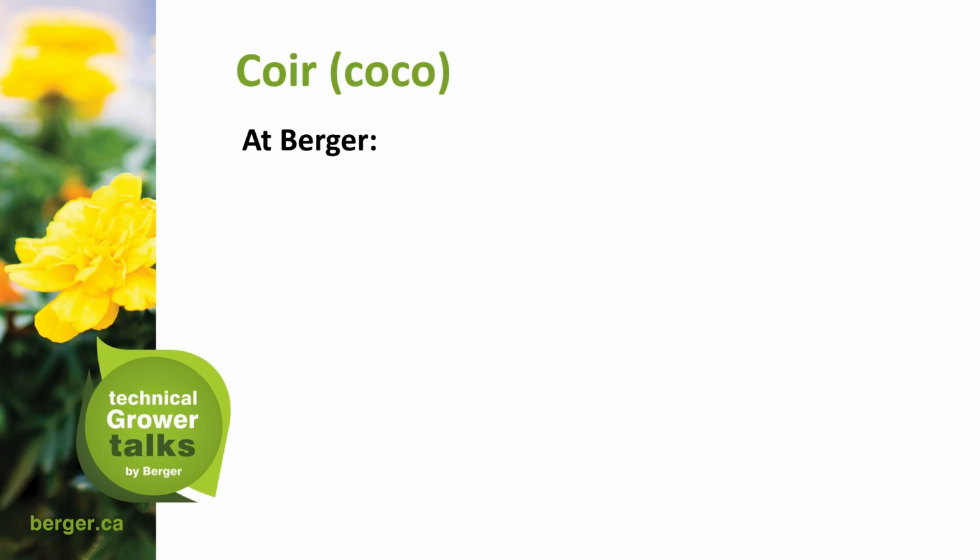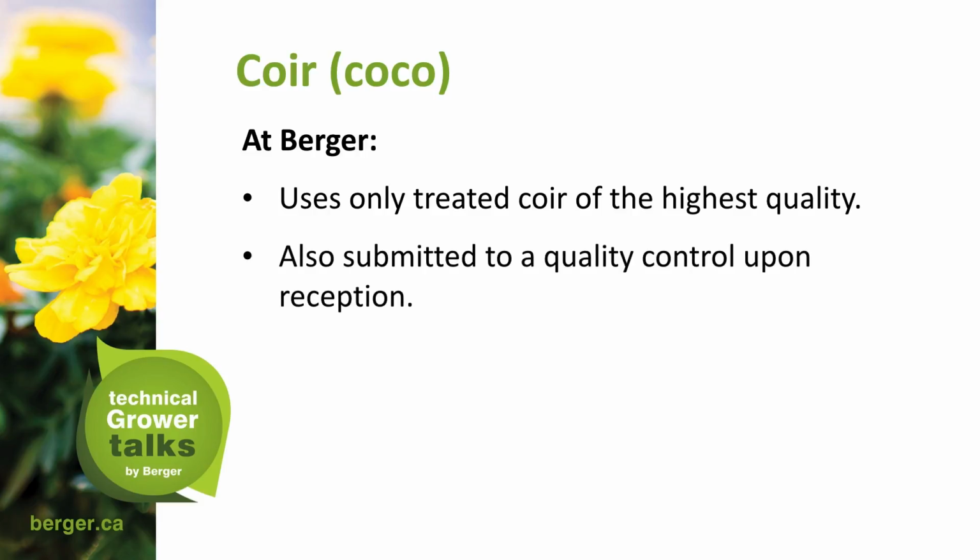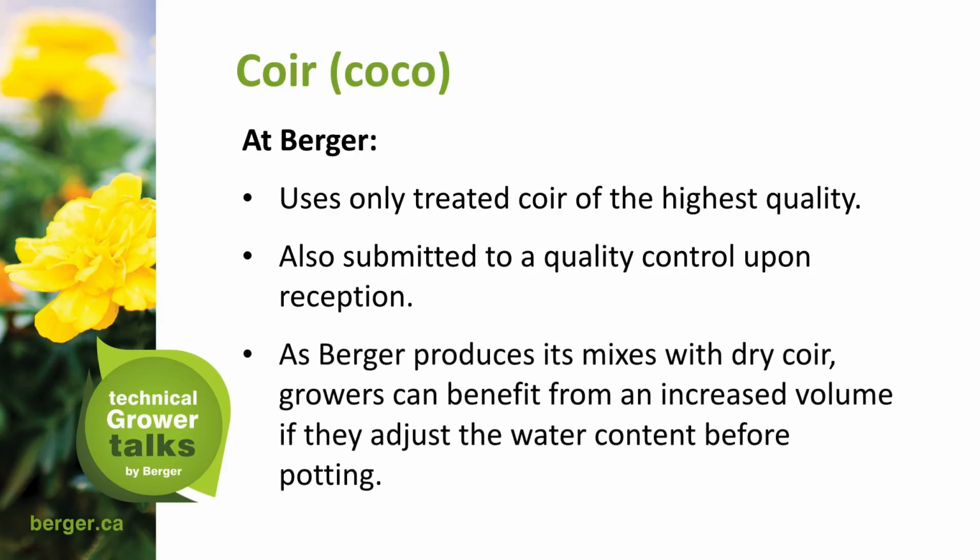Coir at Berger uses only treated coir of the highest quality. Also submitted to a quality control upon reception. As Berger produces its mix with dry coir, growers can benefit from an increased volume if they adjust the water content before potting.